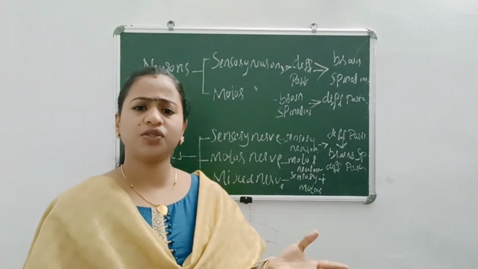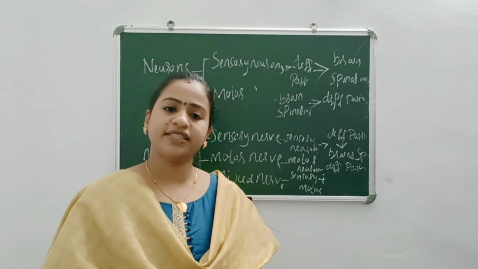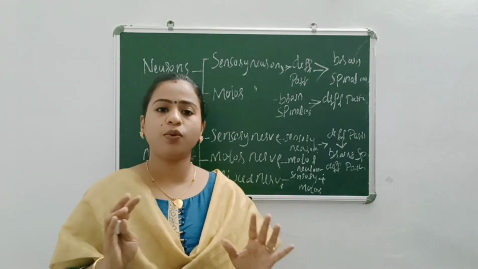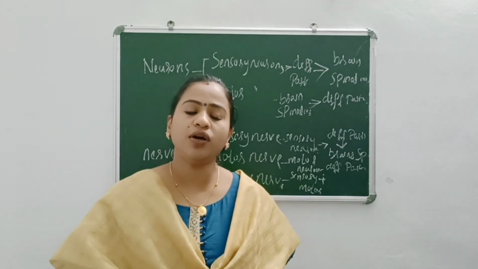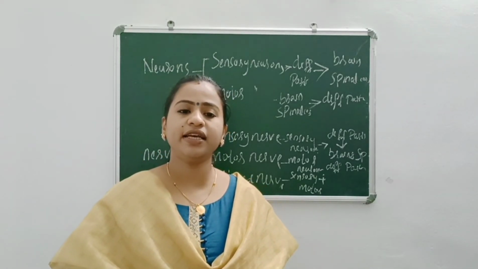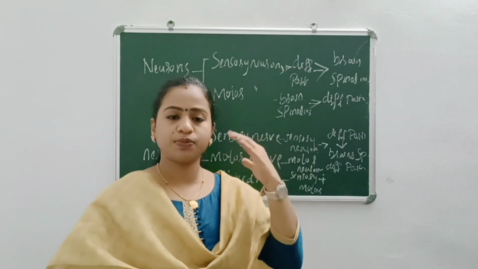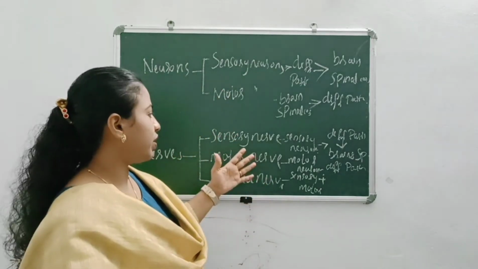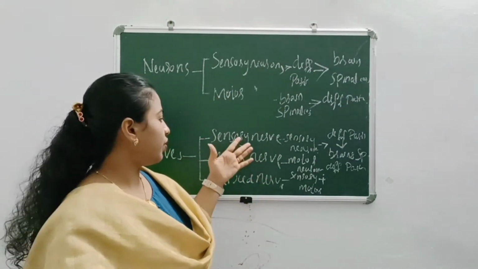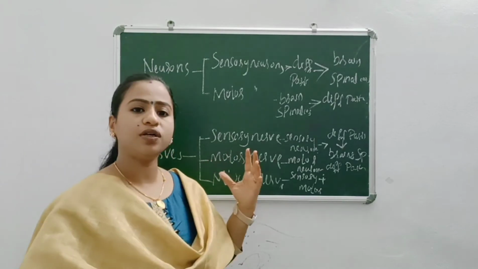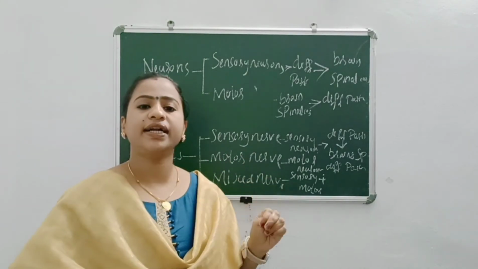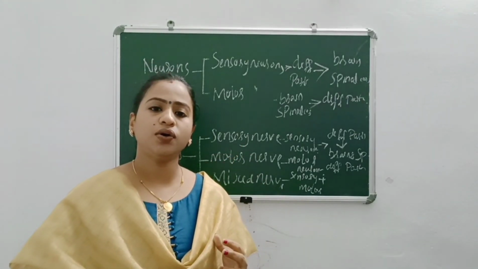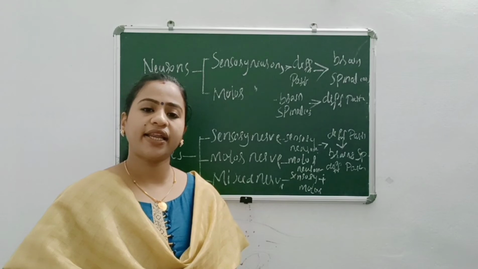Then what will be the function of mixed nerve? Mixed nerves carry impulses from different parts of the body to the brain and spinal cord, as well as from the brain and spinal cord to different parts of the body. They have both functions, of sensory nerves and motor nerves, because the mixed nerve contains both sensory neurons and motor neurons.